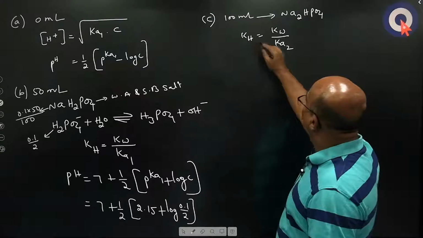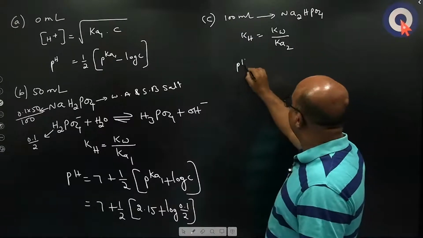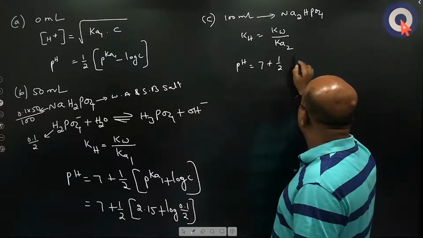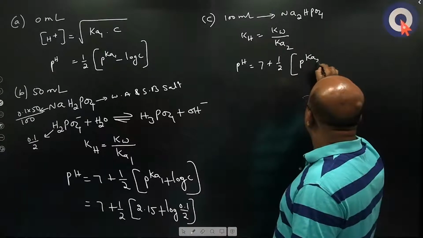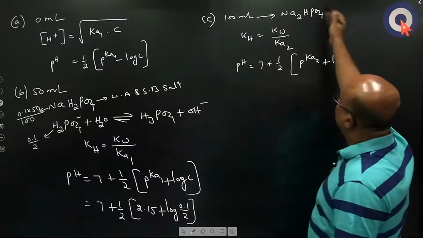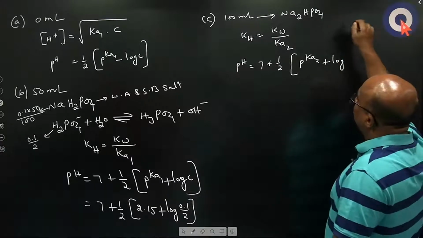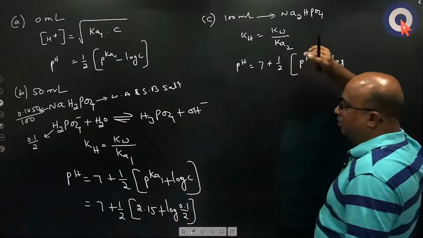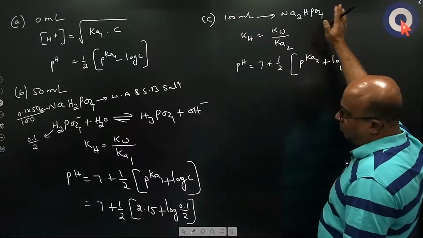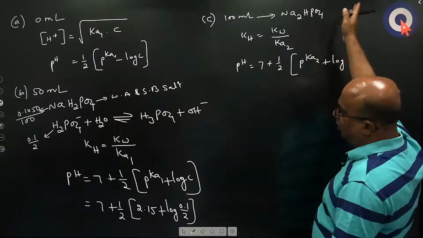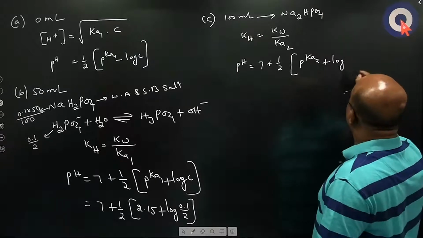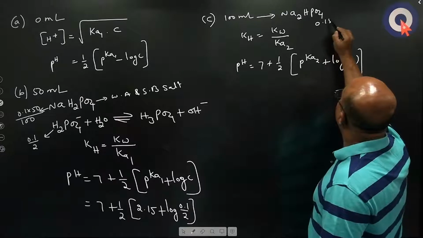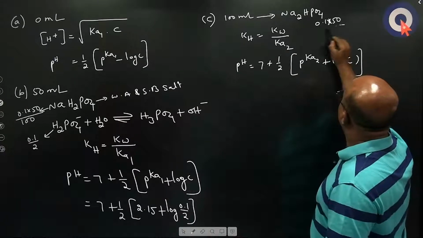So what is pH here again? It's again a salt of a weak acid, so it is 7 plus half into pKa2 in this case plus log of the concentration of this. What is the concentration of this? 0.1 into 50, 0.1 into let us say 100. How much will you get? That is 0.1 into 50 by the total, which becomes 150. So you can write that concentration here: 0.1 into 50 by 150.